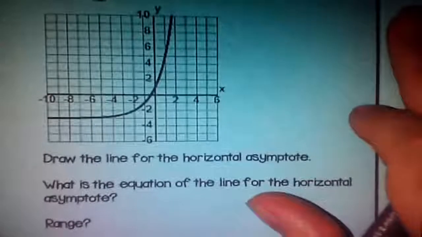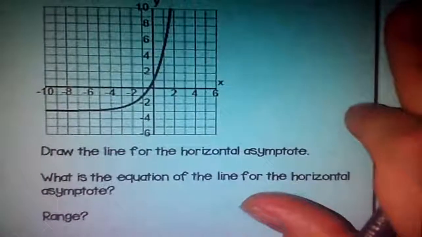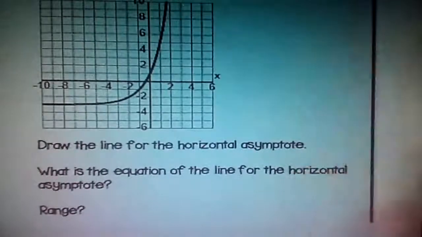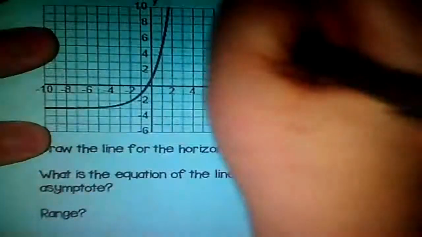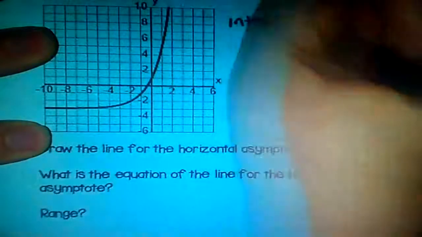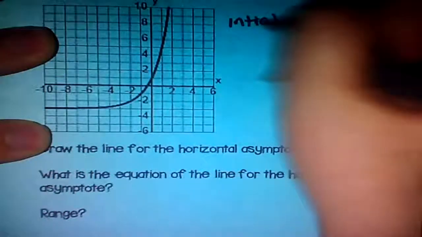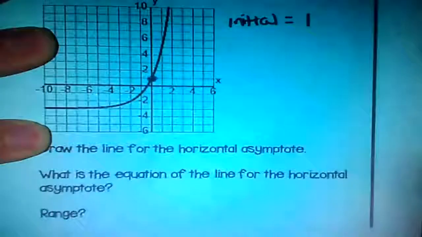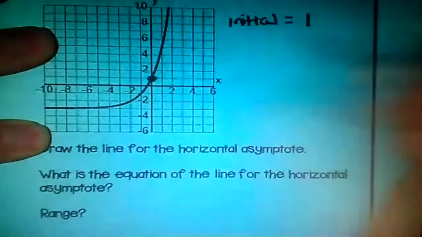Okay. Take a look at this one. What is my initial value here, even though it doesn't ask for it? It should be 1. Your initial value is 1. Is this growth or decay?